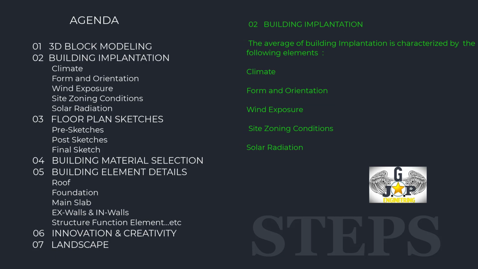We talked about the building implementation, which is characterized by the climate, the form and orientation, the wind exposure, the site zoning conditions, and solar radiation. We defined the climate as the weather of a particular region averaged over a period of time. It's a specific environment; it can be a city or a country, it can be a hostile environment.